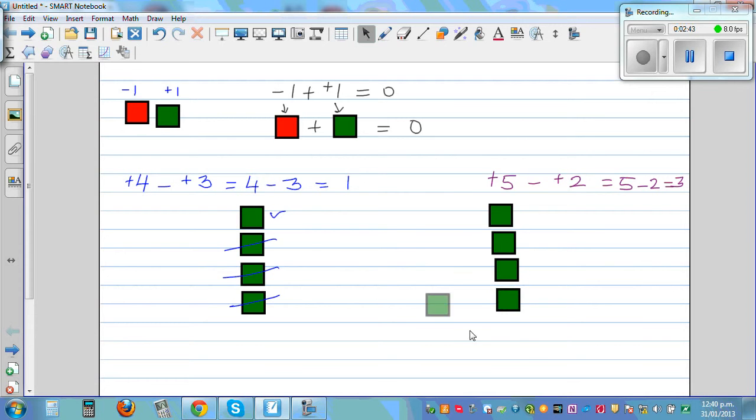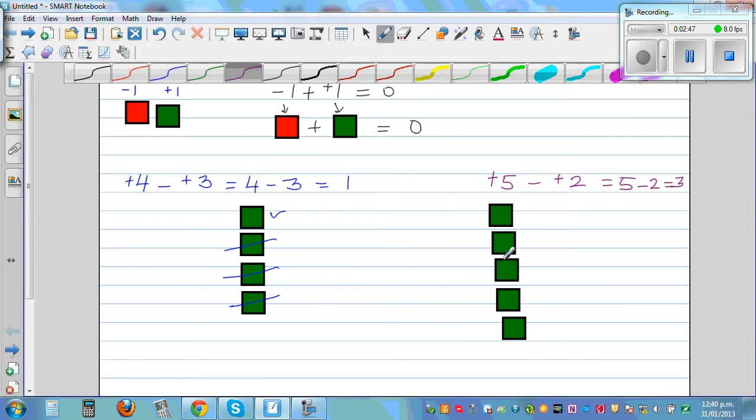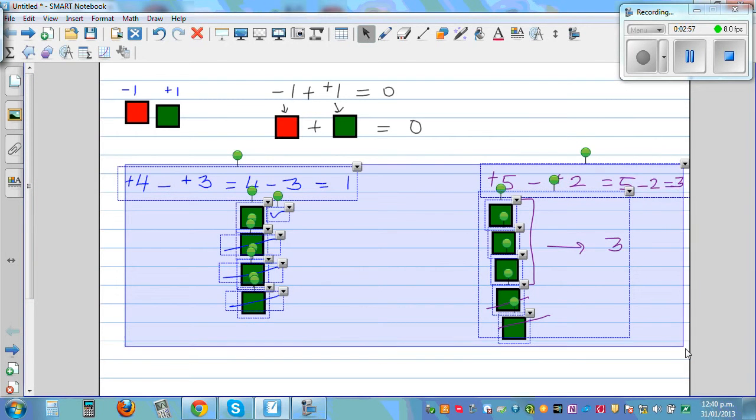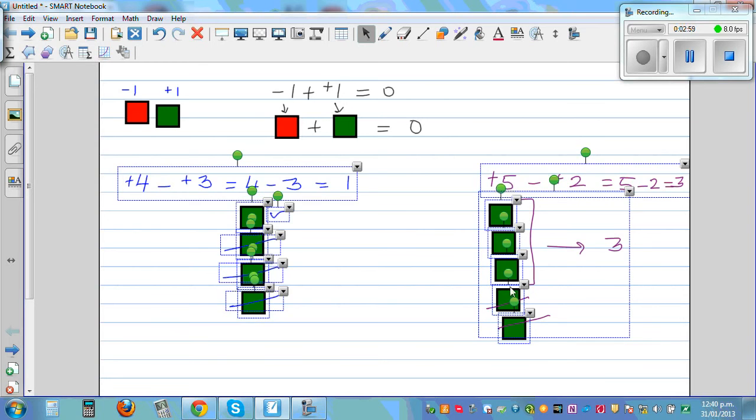So this is +5, and you're taking away 2 tiles. What is remaining is 3. This is easy. Let me cancel it.